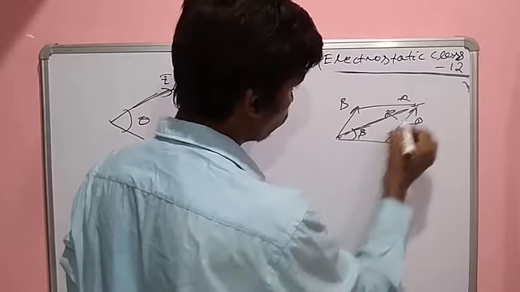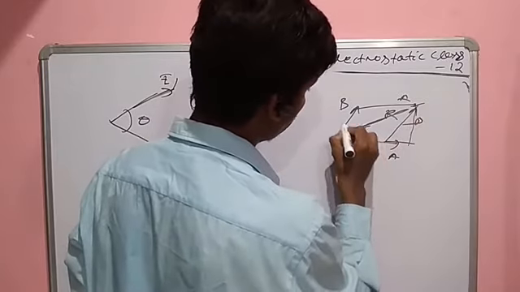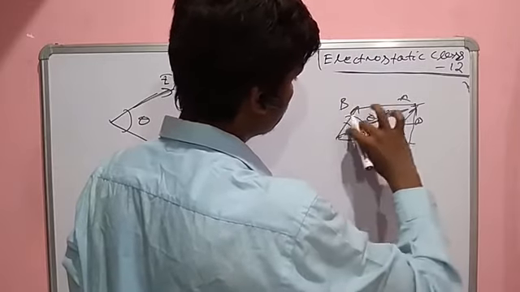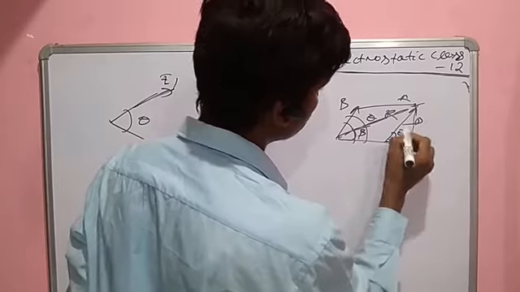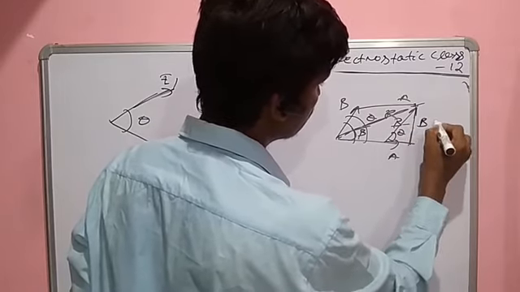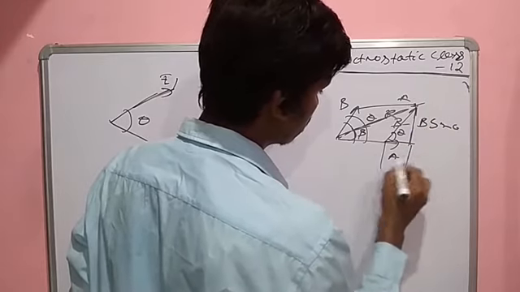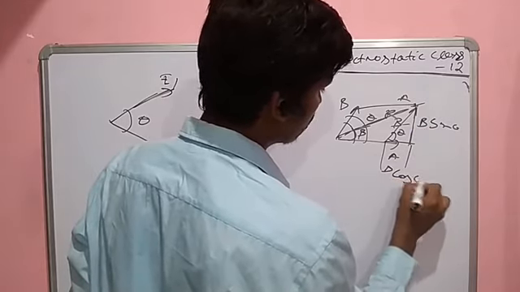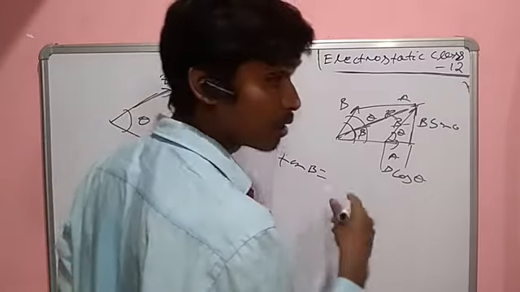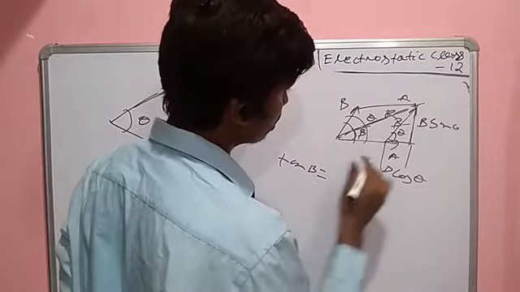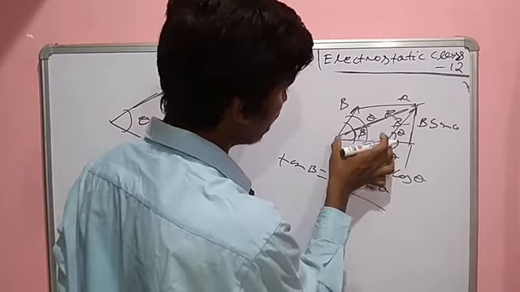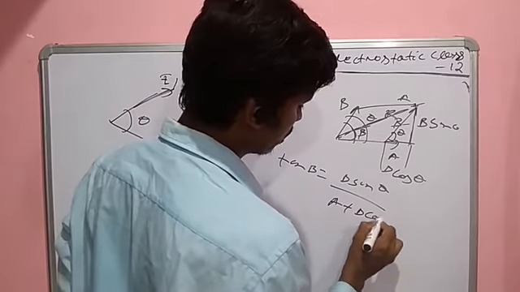The total angle is theta. This component is B sin theta, and this is B cos theta. So tan beta, as you have already known in first year class, is B sin theta divided by A plus B cos theta.